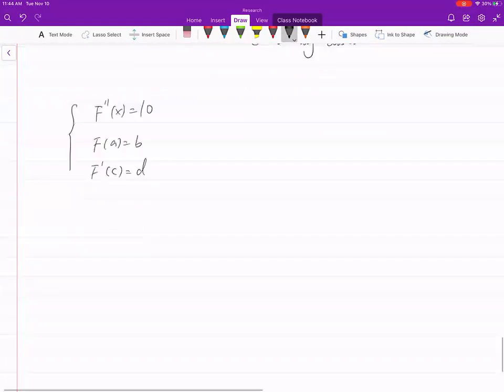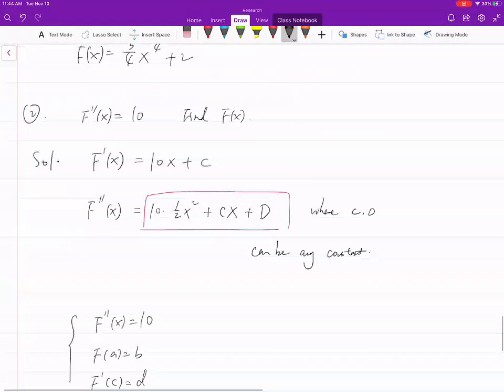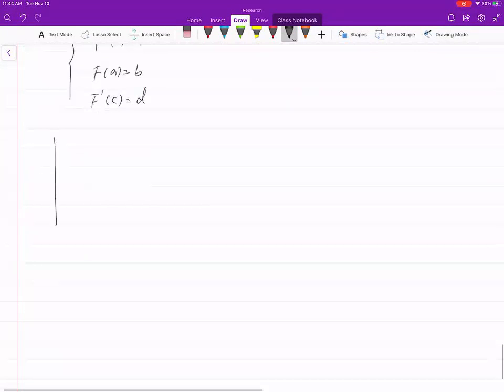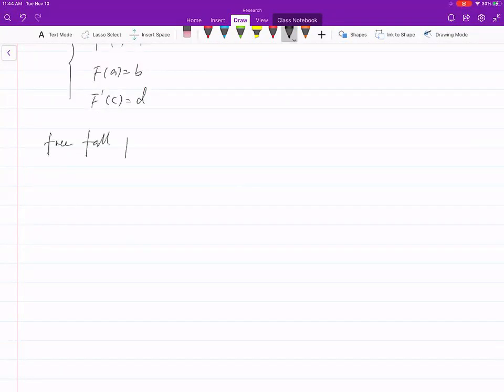All right, now let's use something. Do you realize what you just solved? Take a look. Have you solved the free fall problem in physics before?